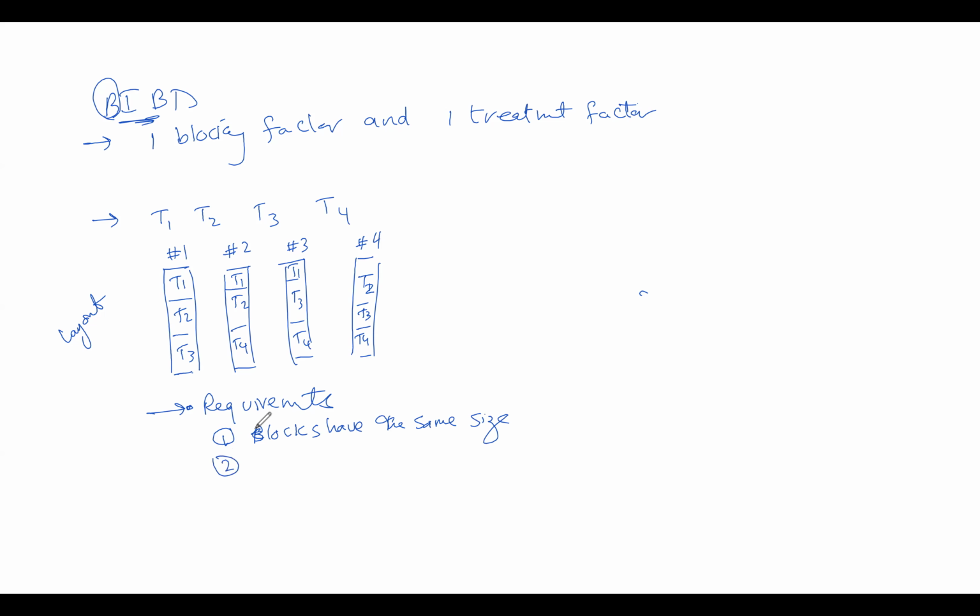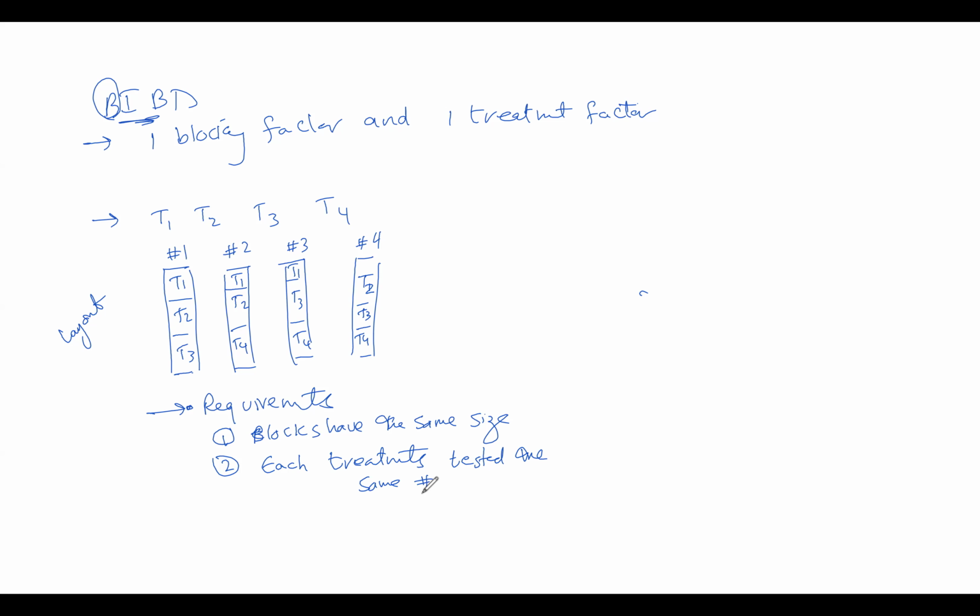The second requirement is each treatment repeated the same number of times, or tested the same number of times.